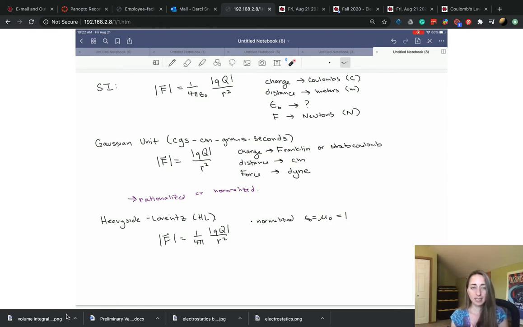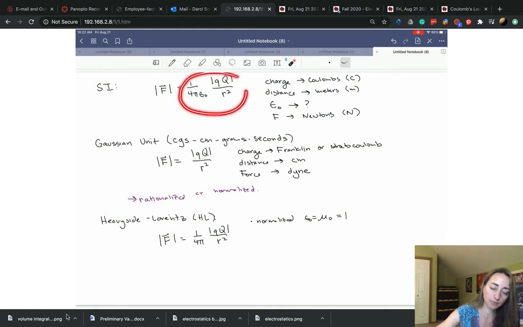So in this class, we're going to be working in the SI unit system, which is what you guys have been working on in most of your physics classes. And in SI units, this is the most typical form of Coulomb's law. Here, you've got this constant out front, which is the thing that's not always there.